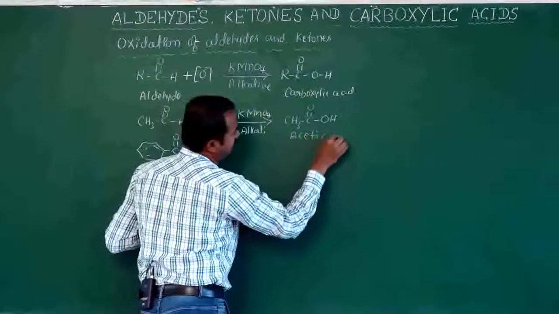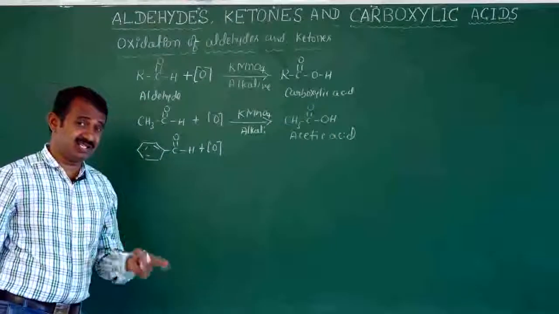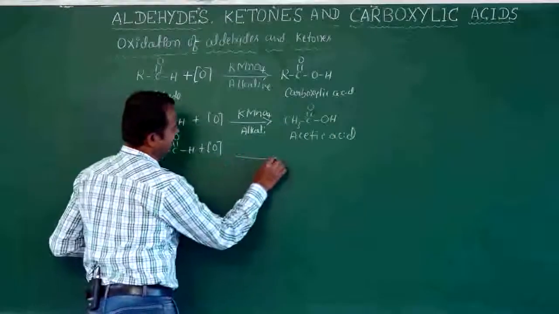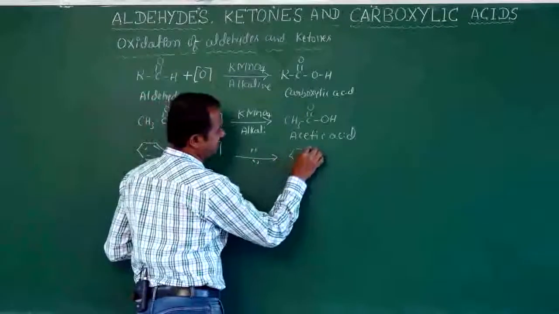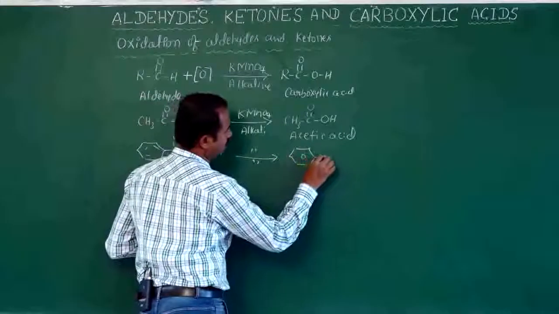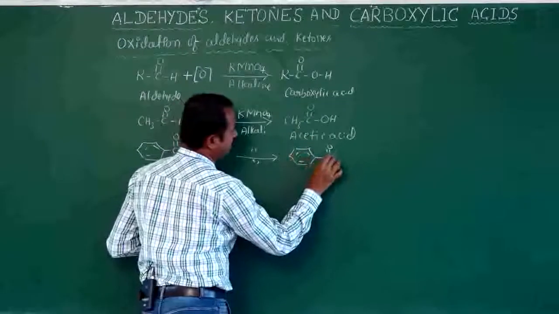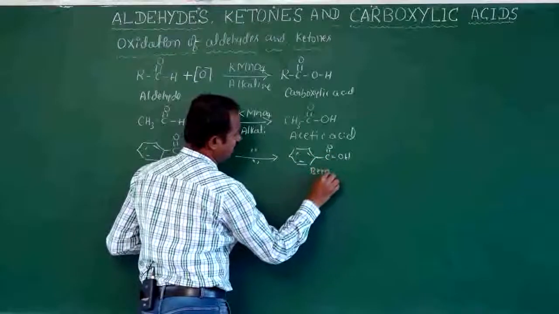How do you convert acetaldehyde to acetic acid? Benzaldehyde is converted to benzoic acid. Here also the same reagent is used to form benzoic acid. This is benzoic acid.